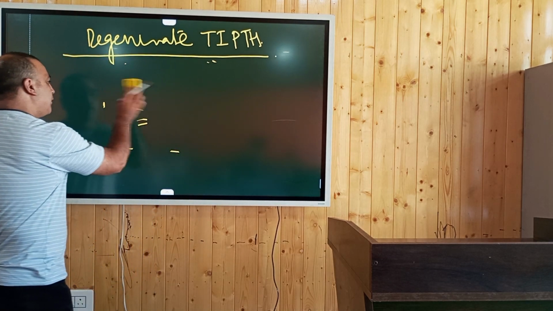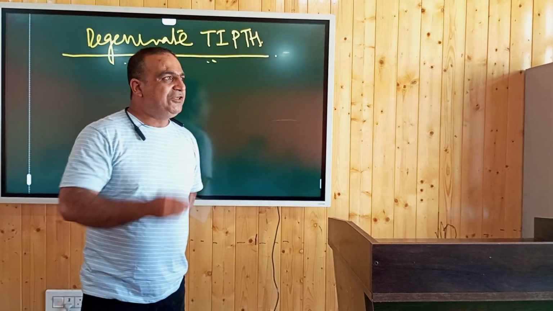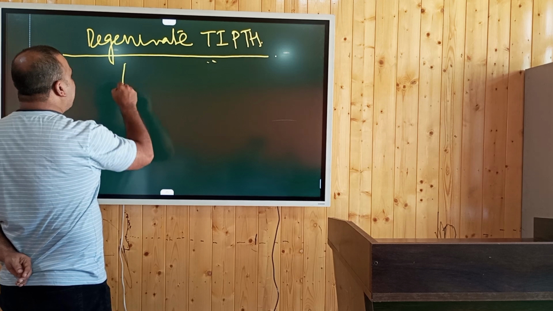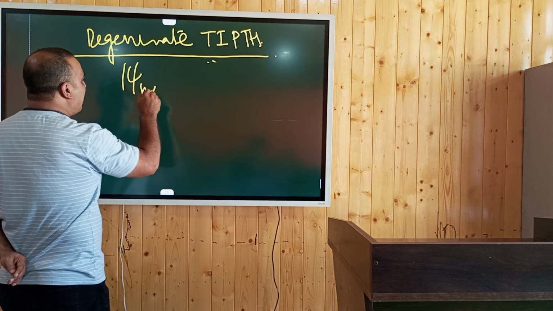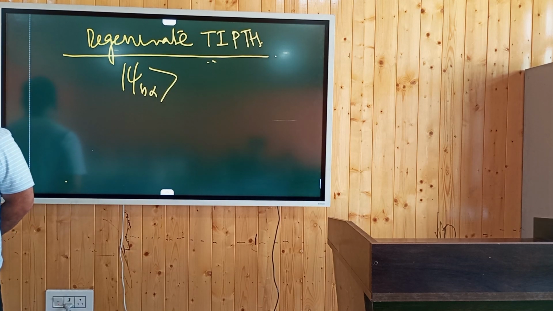Now, if I choose psi n alpha, this is my energy eigenvector.